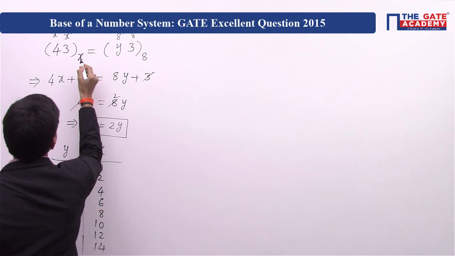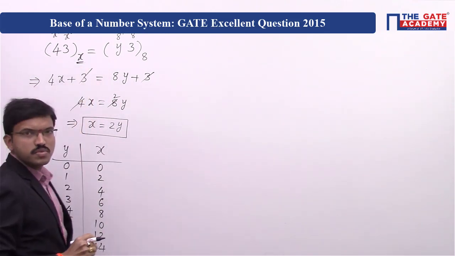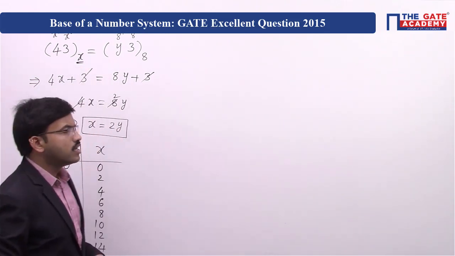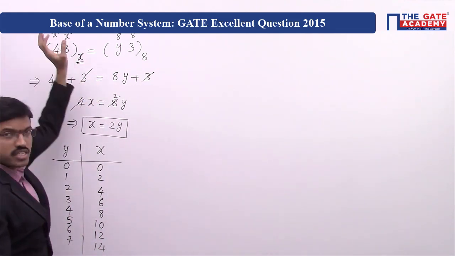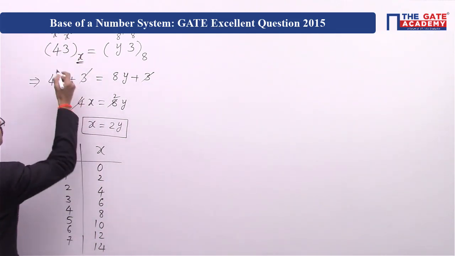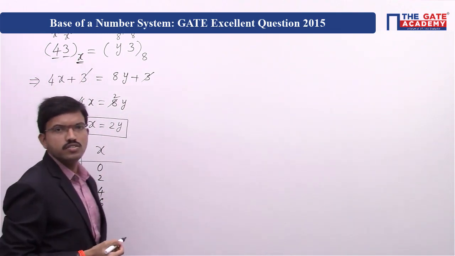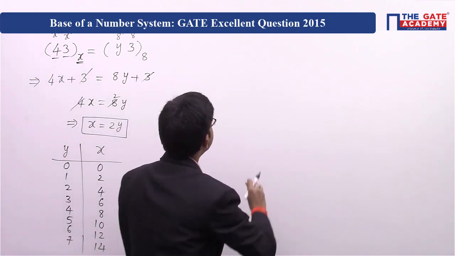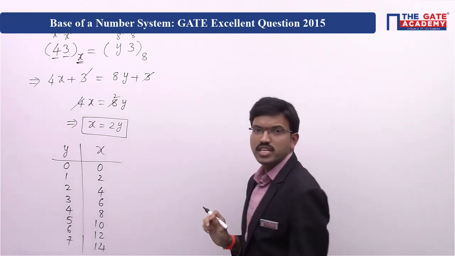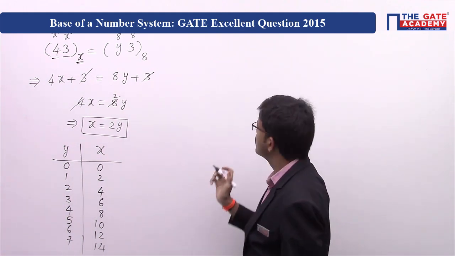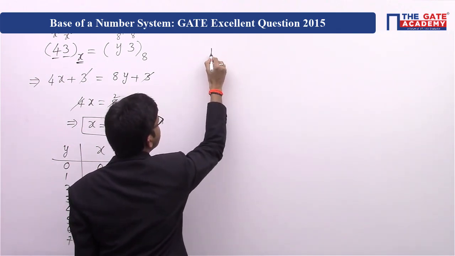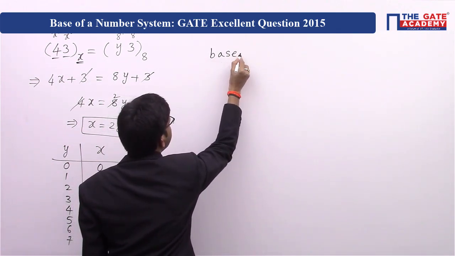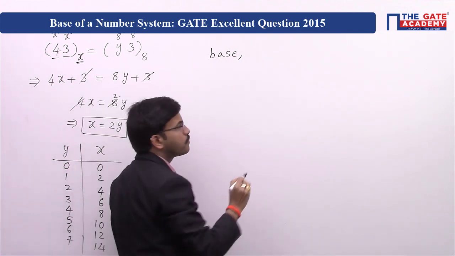See here, the base of the number system is x. In this particular number system, you have the digits 4 and 3. Among these two digits, which is the maximum value? 4, right? So in any number system, we get one relation for base. I am writing the formula for base here. Base, here he has given x.